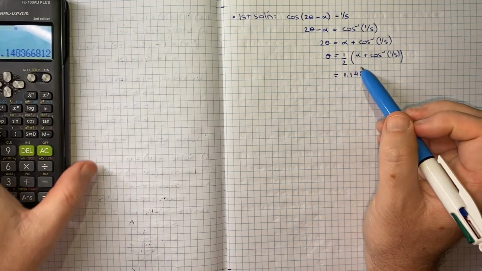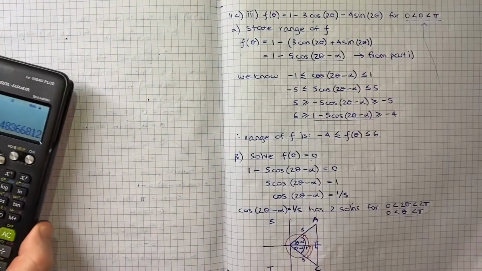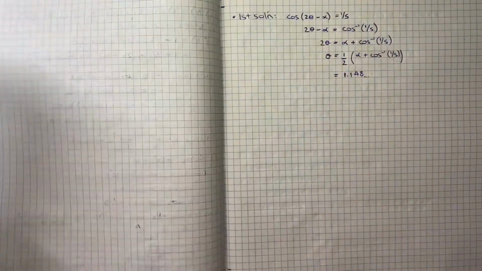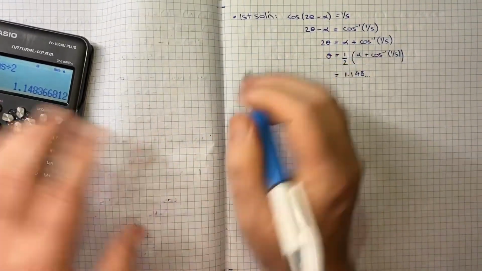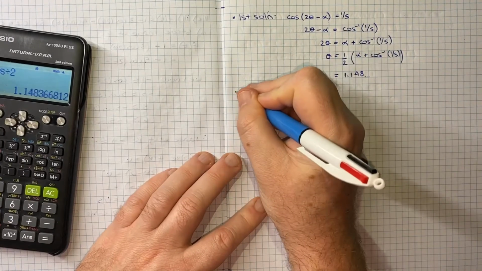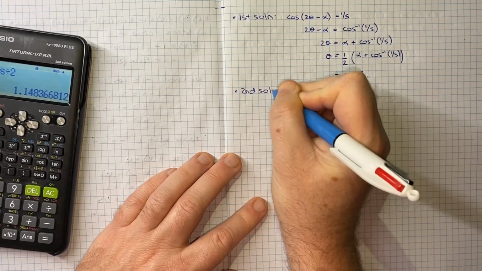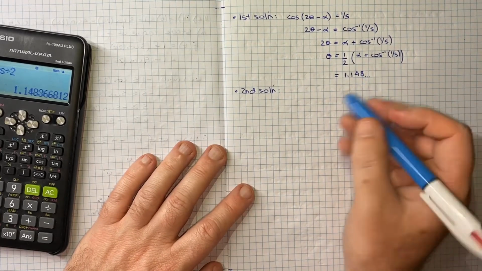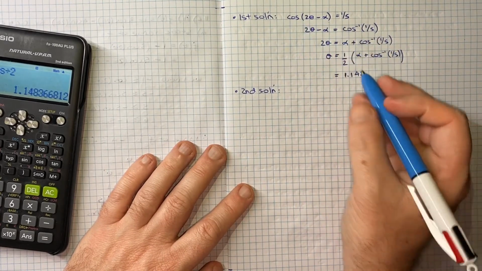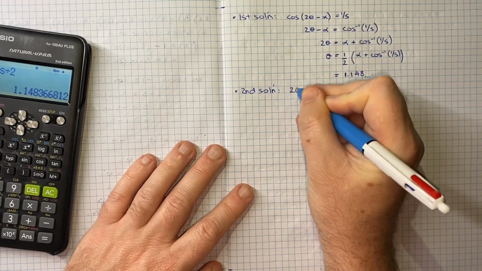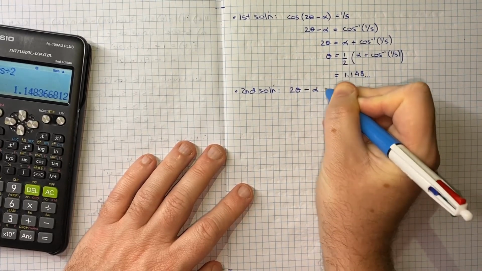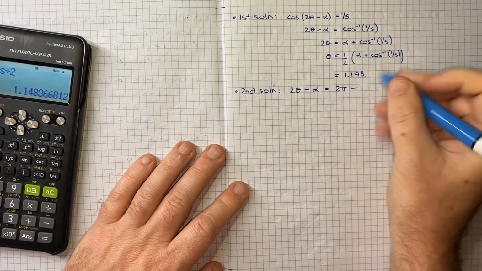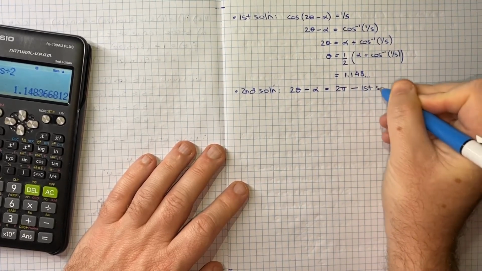Now, as I mentioned, we know there's going to be 2 solutions, and we use this all stations to central. So for the second solution, we can say that the angle 2θ − α is going to be essentially 2π minus our first solution.